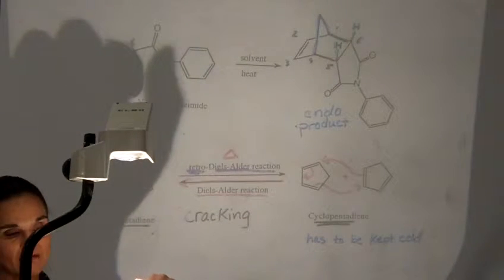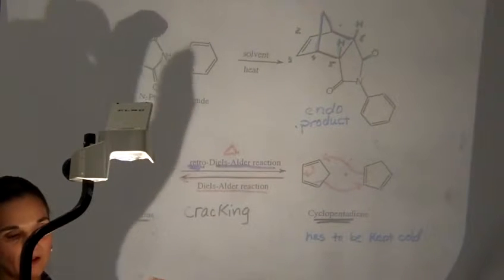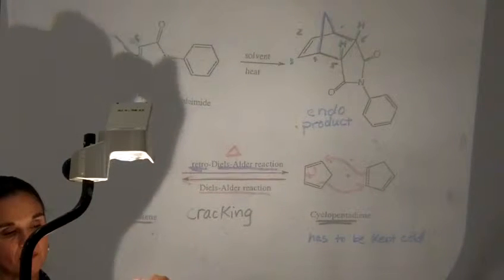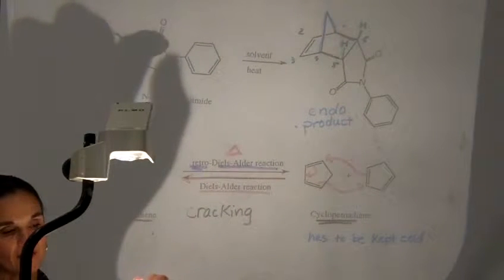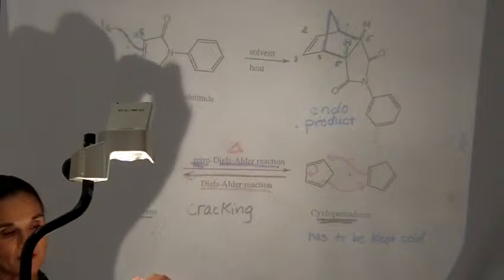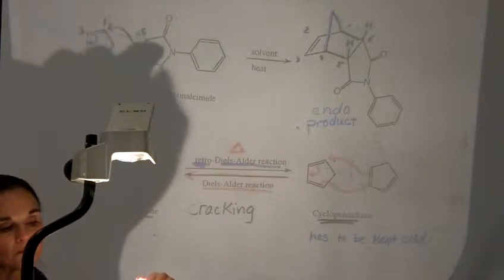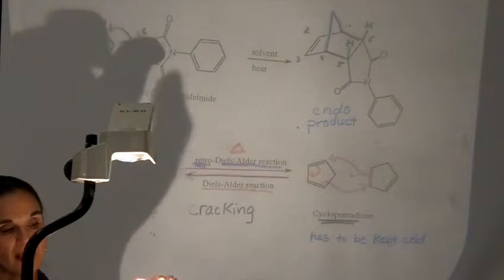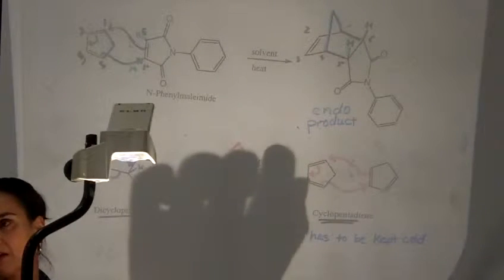Okay, so basically, even though the dienophile is part of this ring that's then attached to an aromatic ring, each of these carbonyls, or the imide, so the fact that we have basically 2 amides, so it's an imide, counts as 2 groups that are electron withdrawing to make it very reactive with the cyclopentadiene.